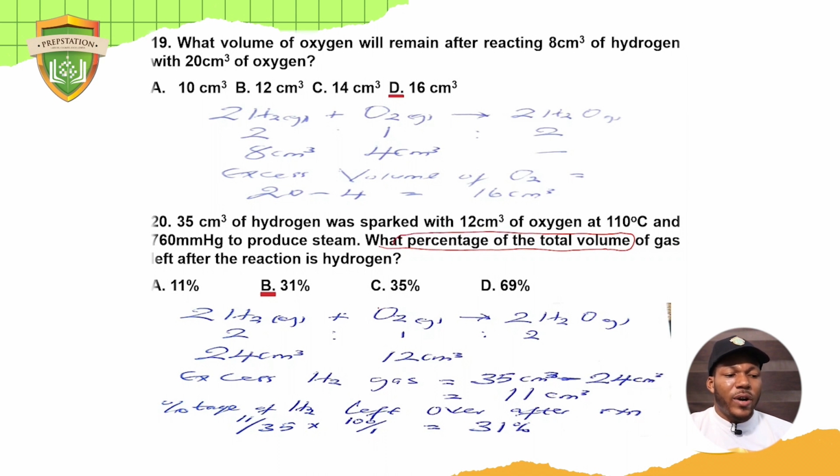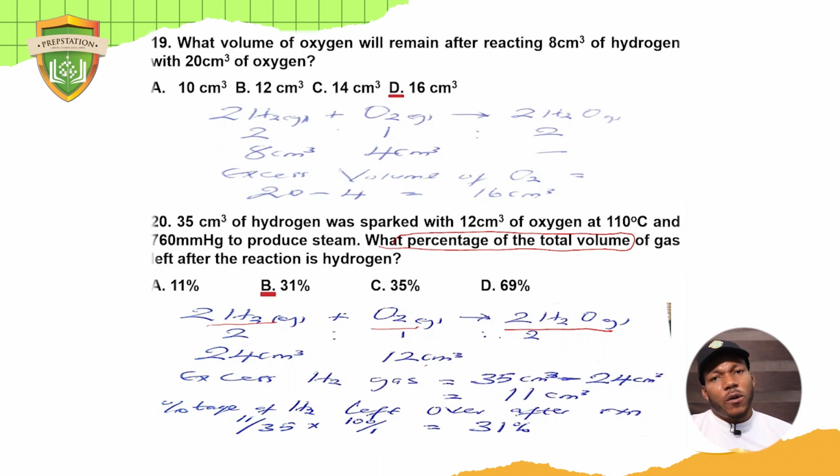First of all, write a balanced chemical equation for this reaction. You will have 2H2 plus O2 gives 2H2O. Now, according to the question, what is the reacting volume? The reacting volume here is 12. The mole ratio here is 2:1:2.